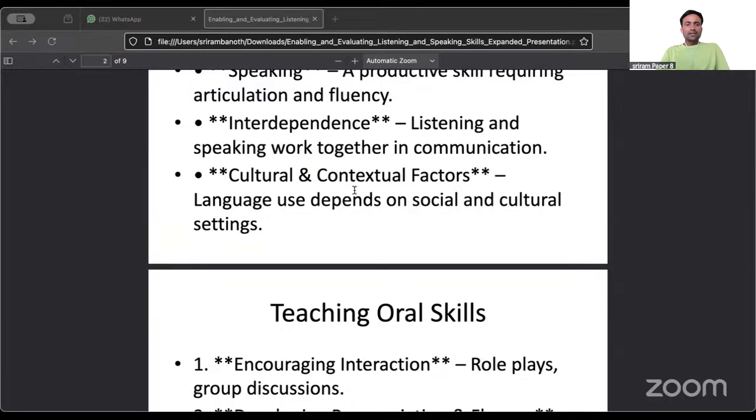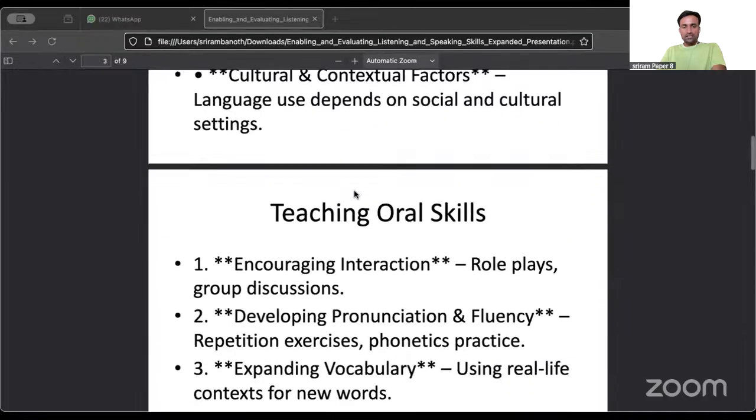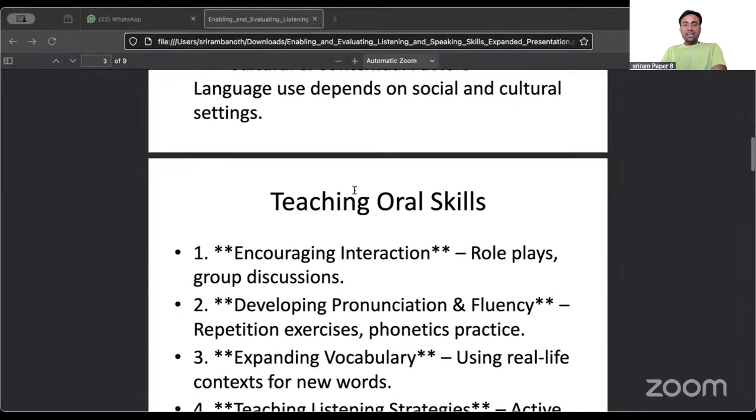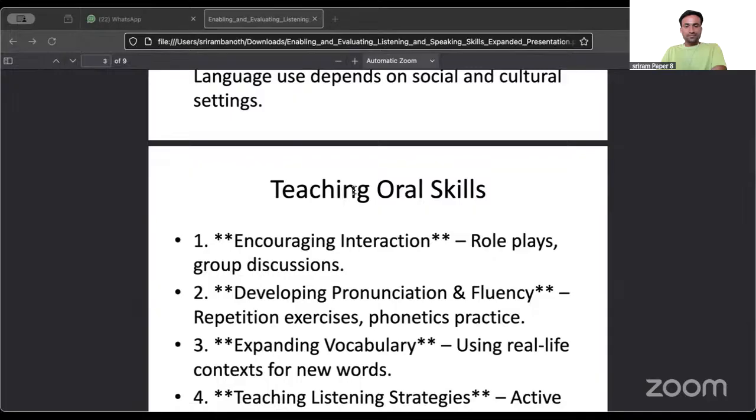Cultural and contextual factors: language use depends on social and cultural setting. Teaching oral skills: encouraging interaction, role play, group discussions.